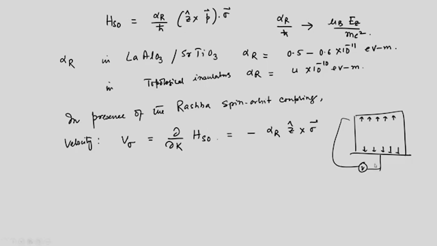Okay, so let me do a comparison between the Haldane model, or what we call a Chern insulator, and this quantum spin Hall insulator.